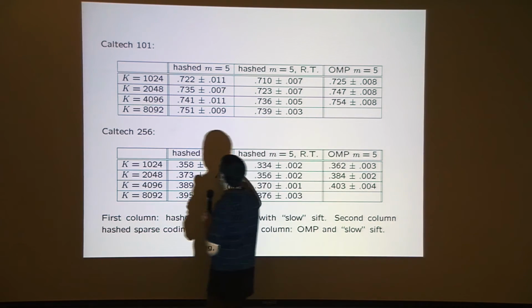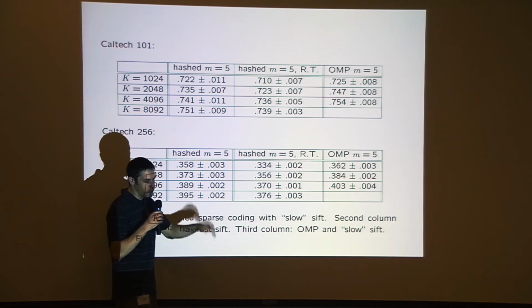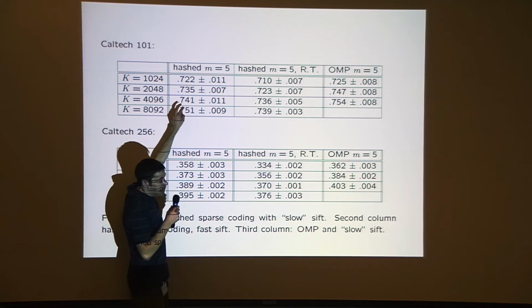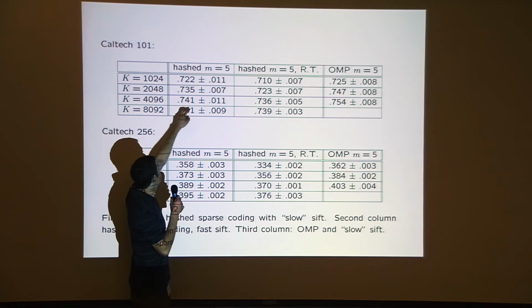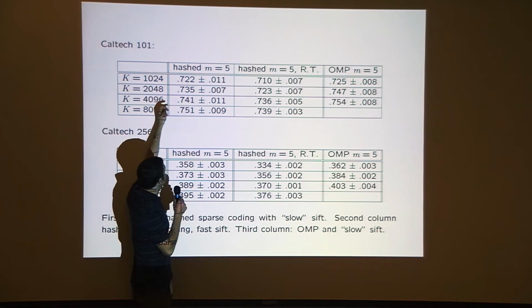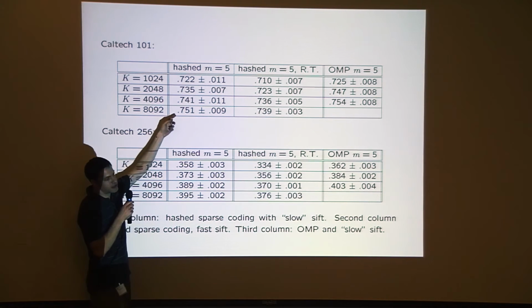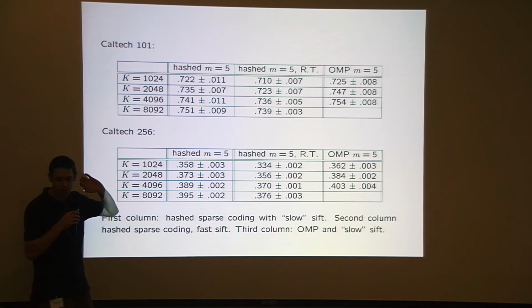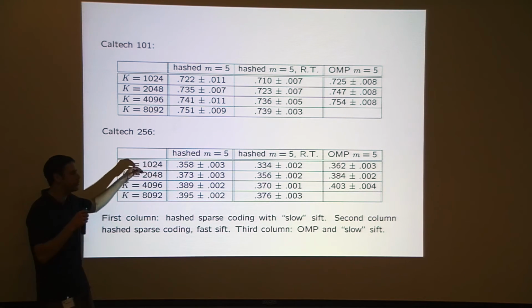It's now a little bit behind, but we're doing the most vanilla version of this system. If you use the fast hash sparse coding with the system, you only lose about 1%. And you can get the same thing back by just doubling the size of the dictionary. And of course, with the hash sparse coding, it doesn't matter if you double the size of the dictionary. It costs the same amount of time to get the code.